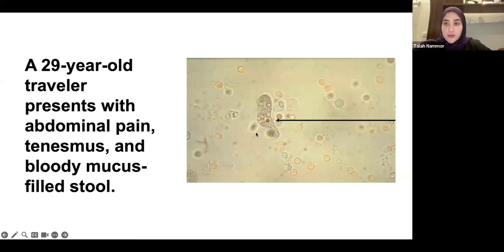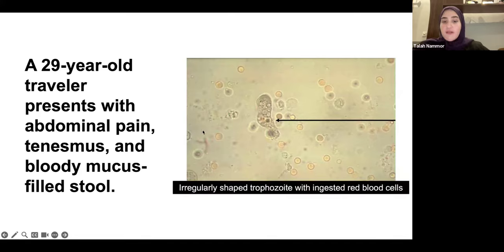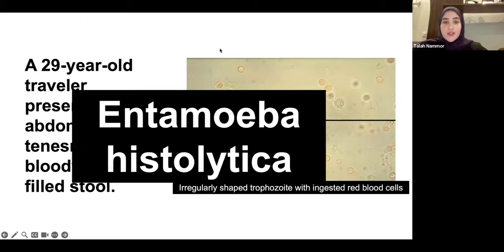Oh, okay. So we have an irregularly shaped trophozoite that has ingested red blood cells. Right. Wait, yes, right. Entamoeba histolytica. You're right.